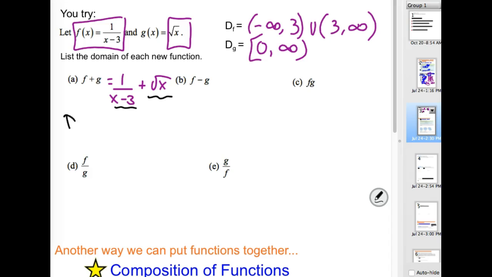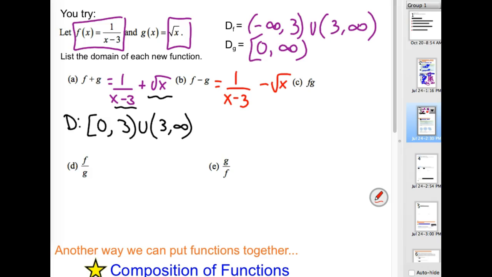So my domain for this first one is going to be starting at 0, but jumping over the 3. For f minus g, we are going to take our function f, 1 over x minus 3. This time we're subtracting the square root of x. But in terms of our domain, it would be the same as part A. So the domain is still everything from 0 on up except for 3.